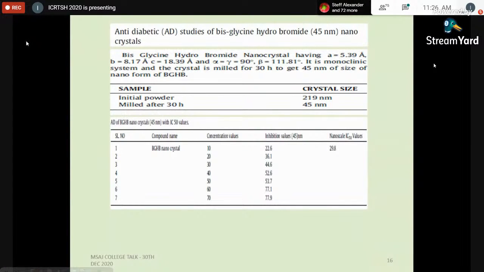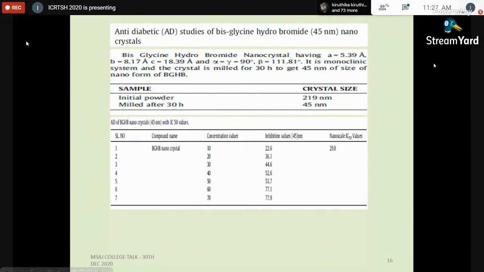The IC50 value is 29.8, from which we confirm that this bisglycine hydrobromide, BGHB, crystal at the 45 nanometer nanoscale can be adapted for anti-diabetic property. Based on glycine, it can also go for anti-inflammatory property, which is yet to be reported; that process is ongoing. So we confirm this anti-diabetic nature using glycine, and we report the IC50 value as 29.8. It's the main value for the concentration from which we analyze the final output of 29.8.